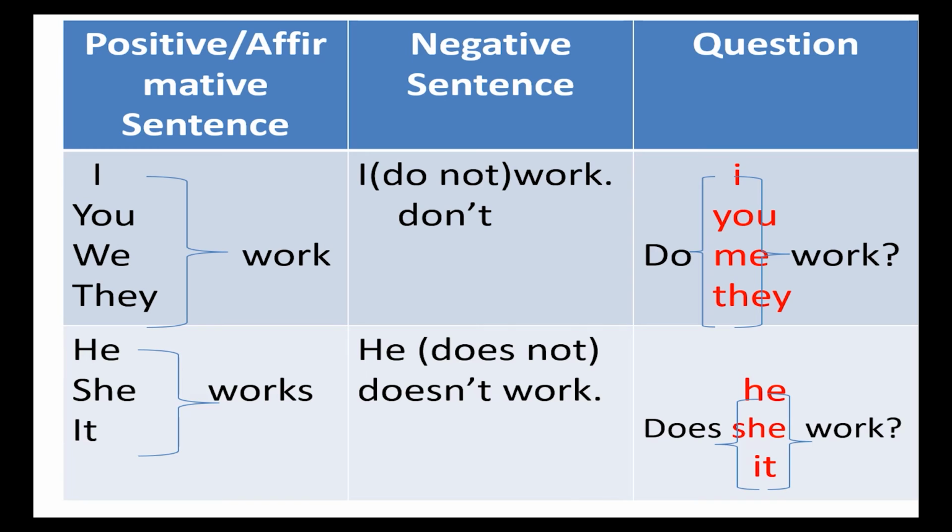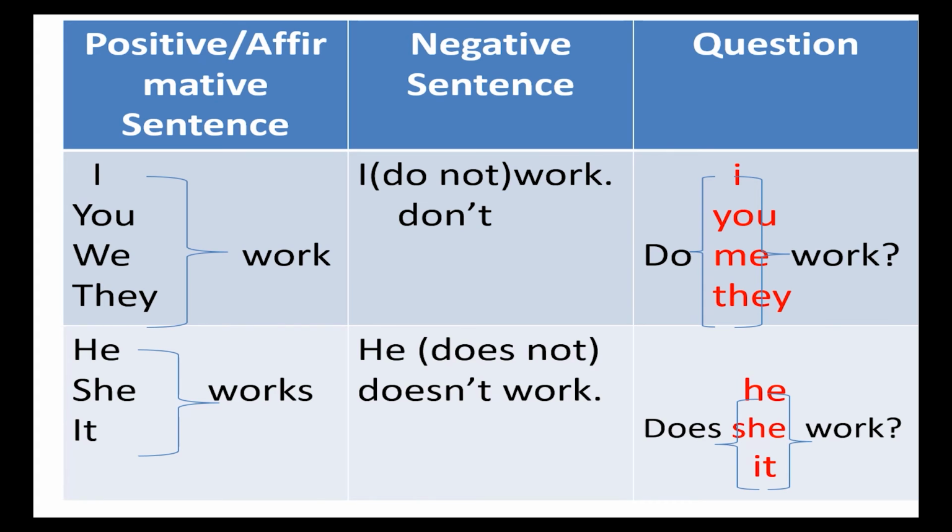Let's see question. When we want to form question, we need to use question word or do and does. So look carefully here. Do I work? Do you work? Do we work? Do they work? So when the subject is first person, second person and third person plural, we use do.